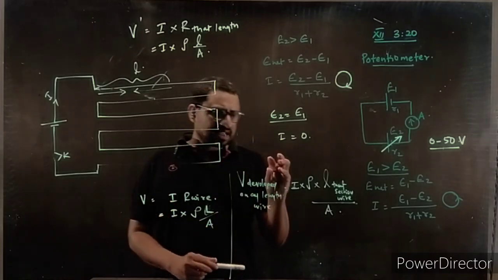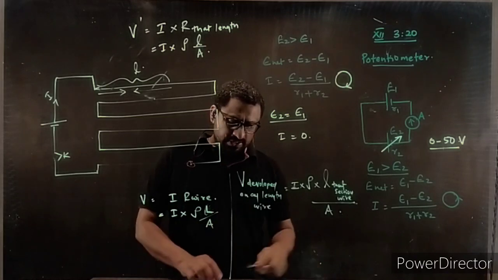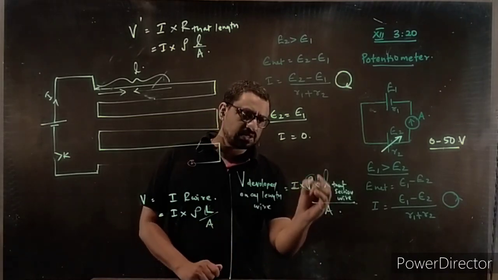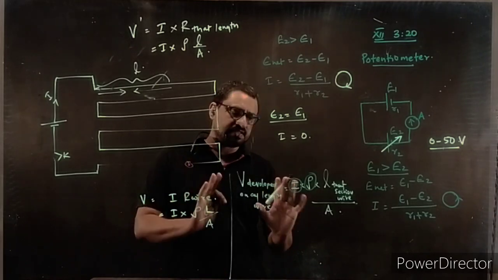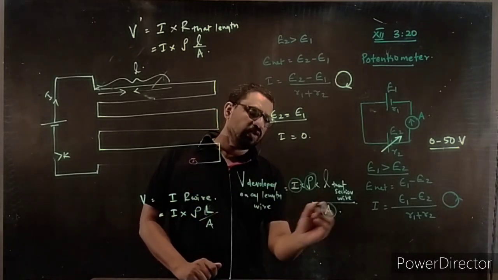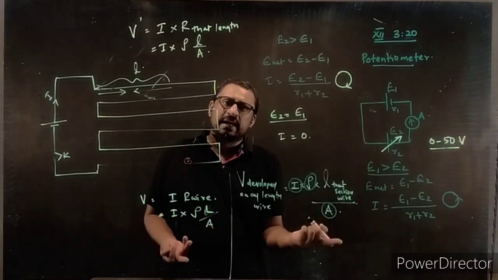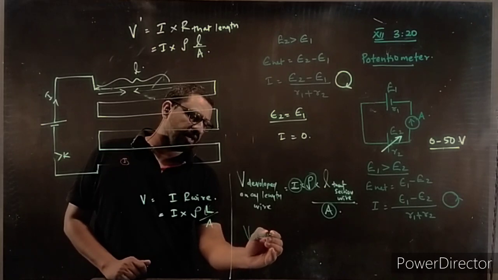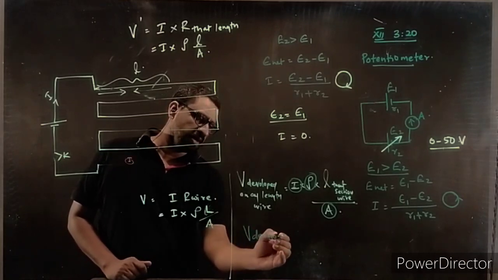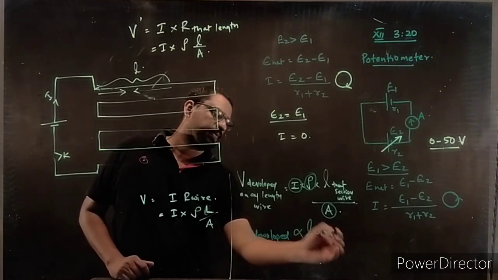So if you fix the current, the resistivity is a constant value for a particular material. If you take a wire of uniform cross section, the area is also fixed. So the V developed across any length of wire is proportional to the length of that wire.